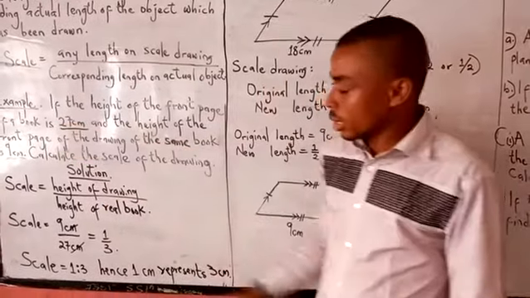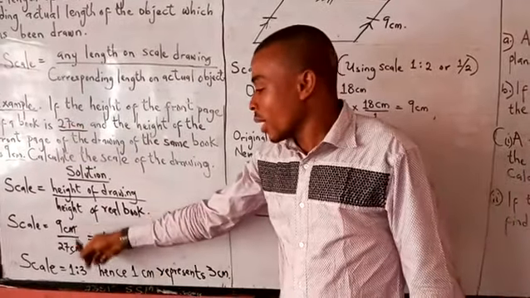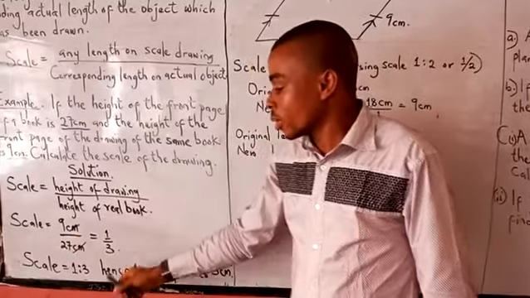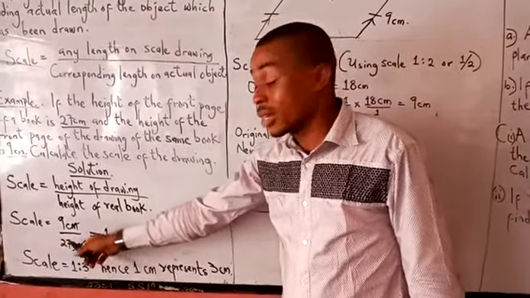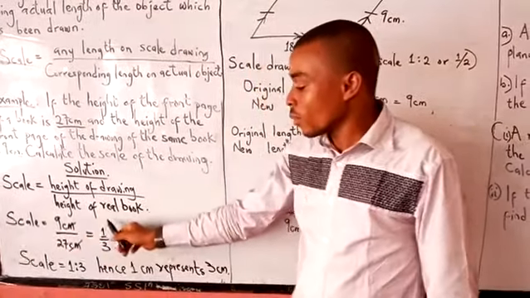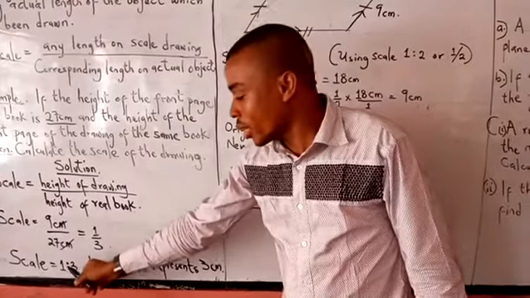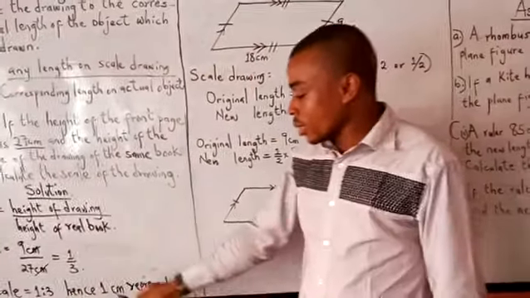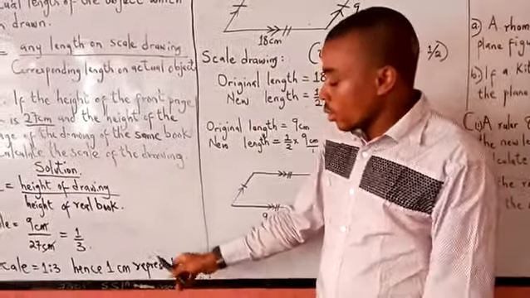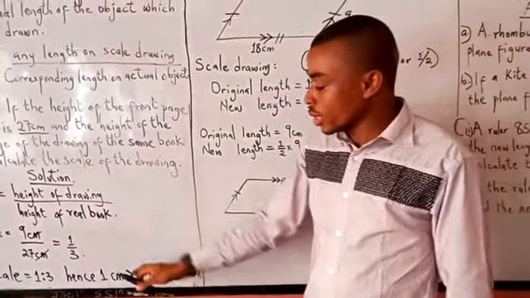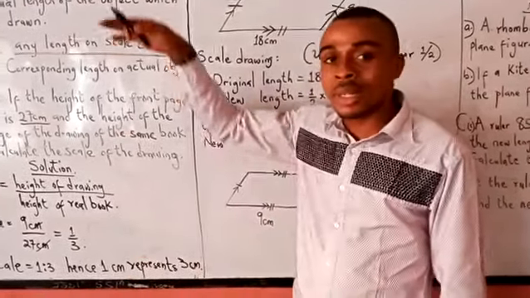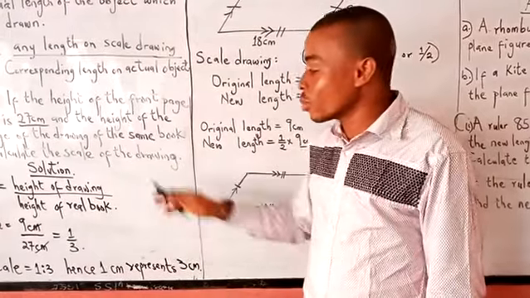By the time you divide and cancel out the units, 9 divides 27, 3. So we have 1/3, which can be written in this form, 1:3 as ratio. Hence it means that 1 cm on the book represents 3 cm on the real book.